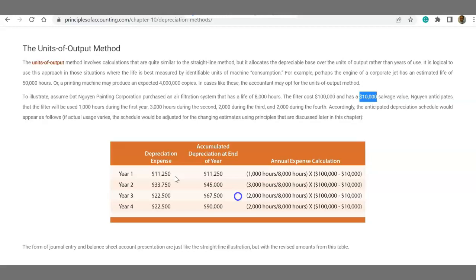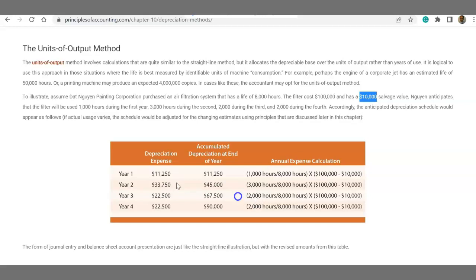Or use the way I did. I said 90,000 divided by 8,000 hours gives you $11.25 per hour of use, and then multiply that $11.25 times usage. If you use 3,000 hours, then $11.25 times 3,000. If next year you use 2,000 hours, then multiply that by $11.25.